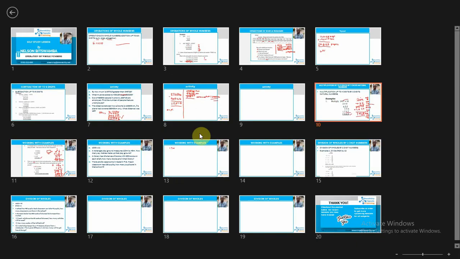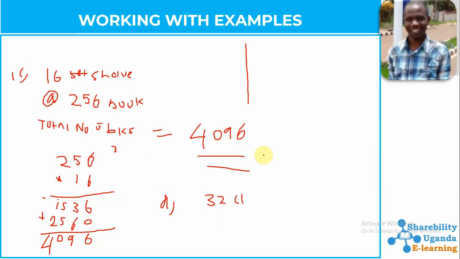Let me go back to where we are. We have our 32 classrooms. Let me write them here. So in our 32 classrooms, they are saying that in each class we are having 109 pupils.